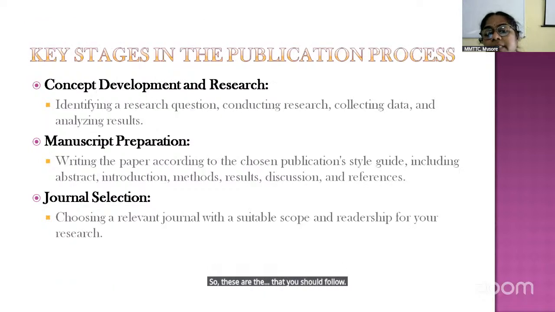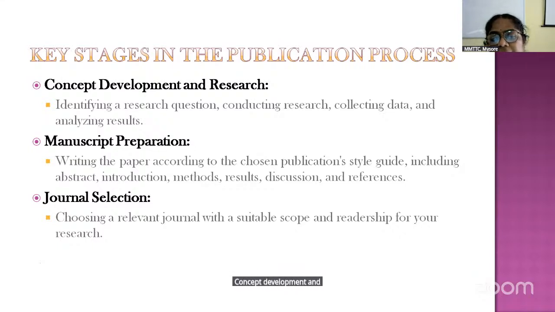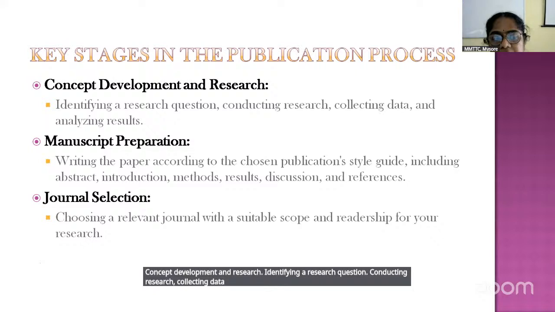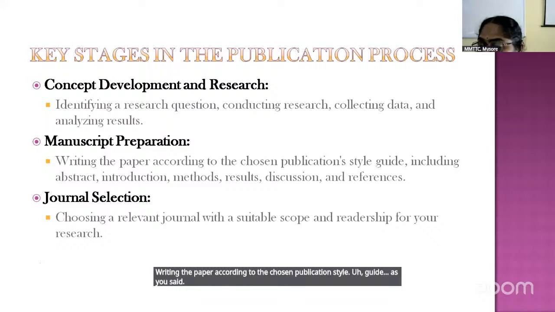Then, key stages in the publication process. Concept development and research: identifying a research question, conducting research, collecting data and analyzing results. Manuscript preparation: writing the paper according to the chosen publication style guide. You should follow a certain referencing style.